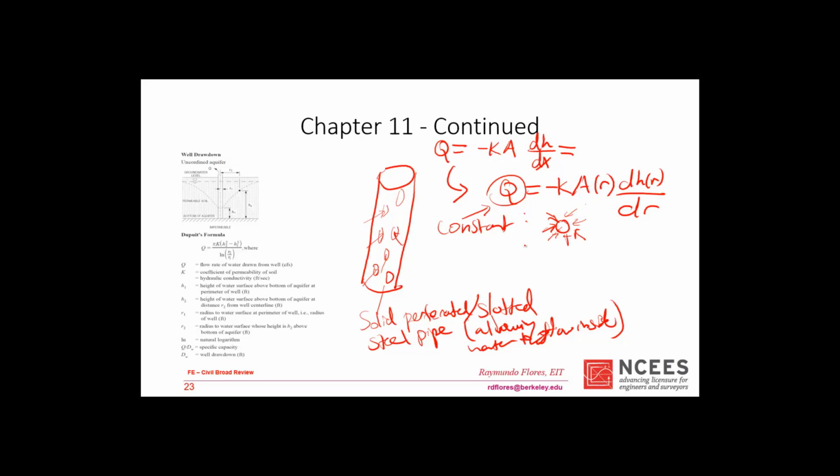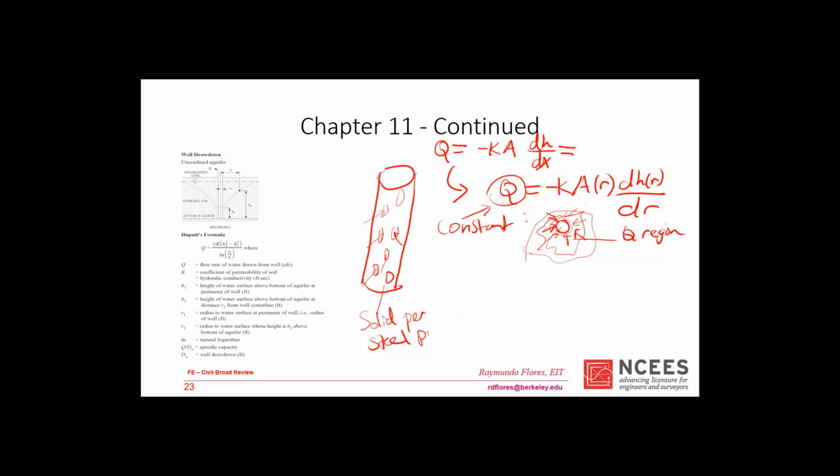That's our Q region. As a result, we're allowed to treat it as a constant for the purposes of solving this. Slotted, so it's able to go inside. Just keep that in mind.